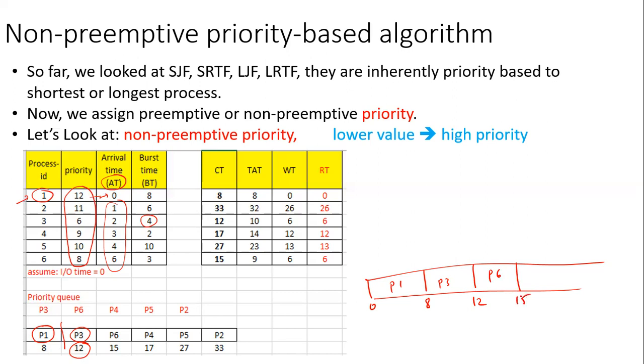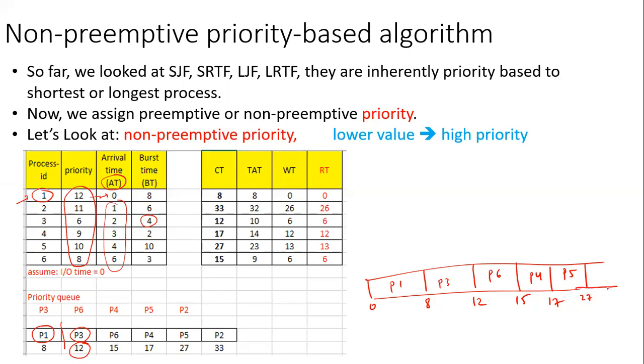It's going to be 15. The next one is P4, with priority 9. How much time does it require? 2. That's 17, right? And the remaining one, P5. P5 finishes at what time? 10 more, right? 27.